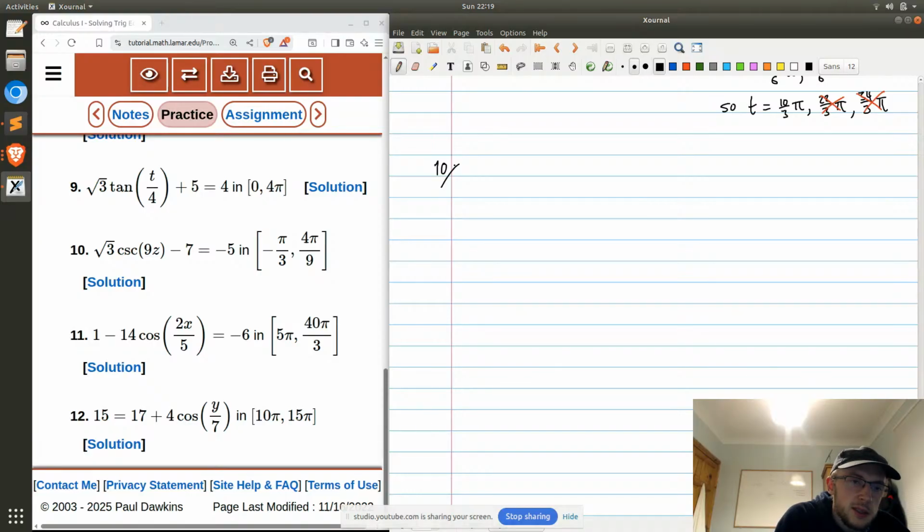Well, cosecant is 1 over sine. So sine of 9z equals root 3 over 2. And we know that's 60 degrees, which is not permitted, so pi over 3.